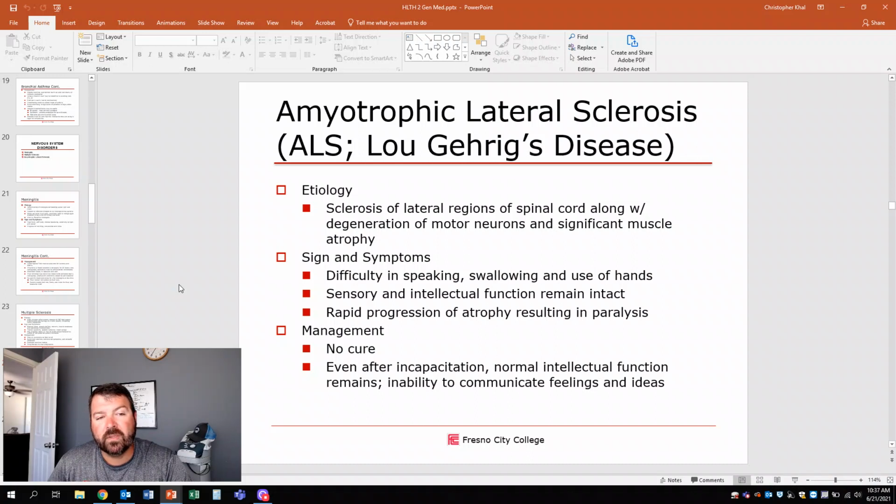With these lesions on the spinal cord, it affects the motor neurons. The motor neurons are the nerves that send signals to all your muscles. Once it can't send signals to your muscles anymore, you can't speak, you can't move, you can't move your eyes, but your brain's still there, functioning perfectly.